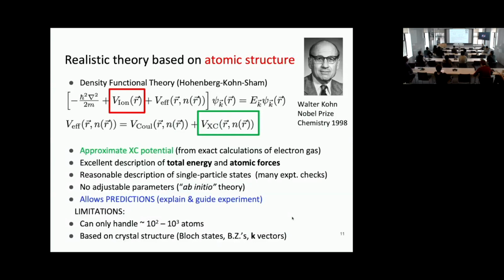So this is all within theoretical considerations, the so-called exchange-correlation potential from exact calculations of the electron gas. It does involve this kind of approximation, but it nevertheless is a totally ab initio type of approach. It allows us to calculate the total energy and atomic forces and have a realistic representation of the structure of the system.